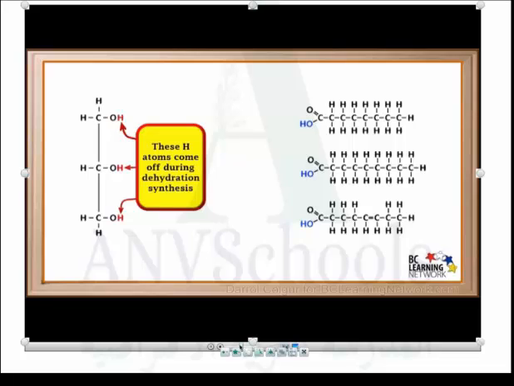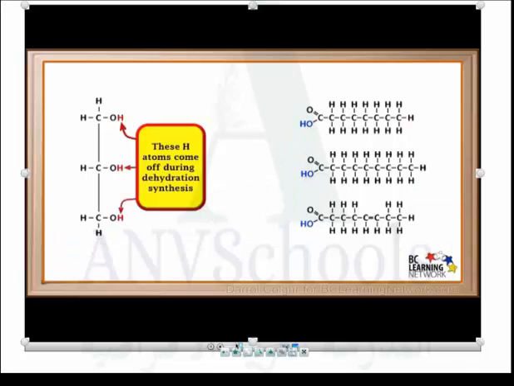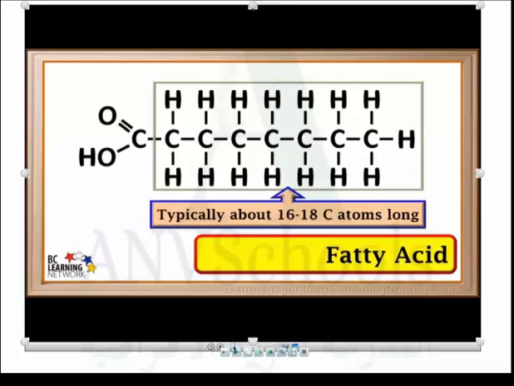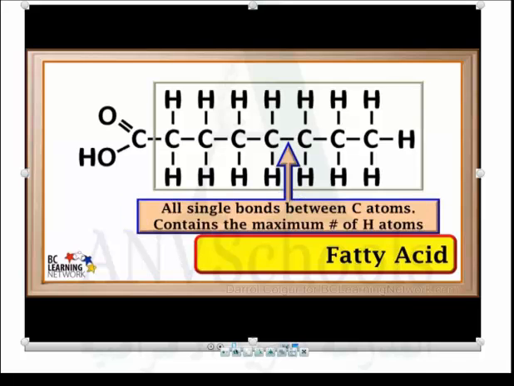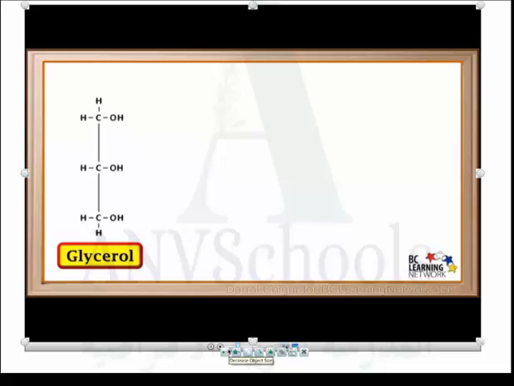So let's see what happens here. What we have here is a continuation. So fats can be saturated or unsaturated.